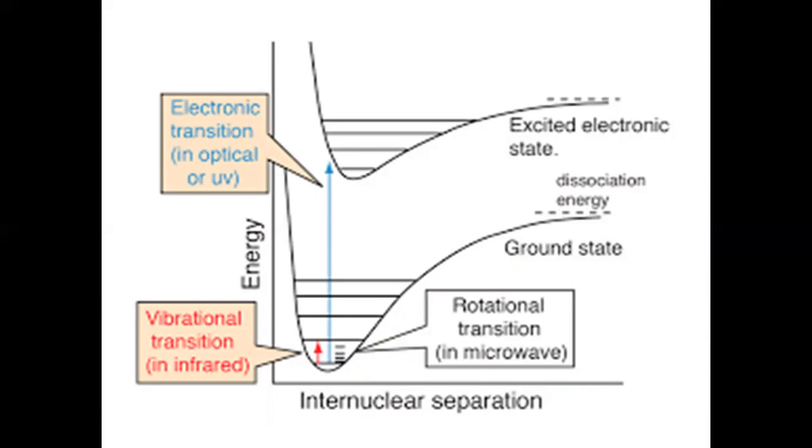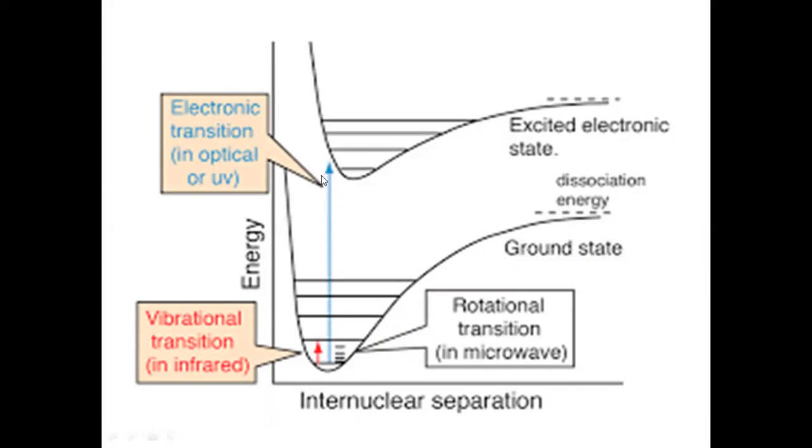So when you make UV incident on matter, apart from just a simple change in the electronic energy level, there is an accompanying change in the vibrational as well as the rotational energy of the molecule.